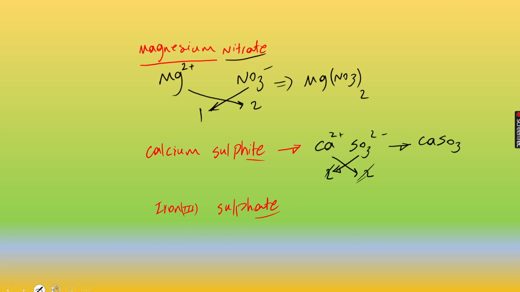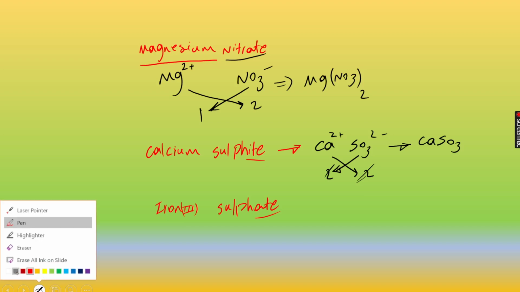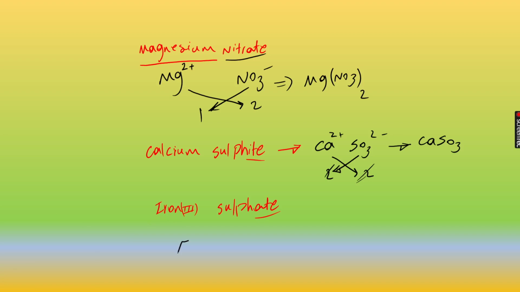Iron should be Fe with the 3 positive charge. Sulfate should be SO4 2 minus. Fe gives 3 to the SO4, and SO4 gives 2 to the Fe.